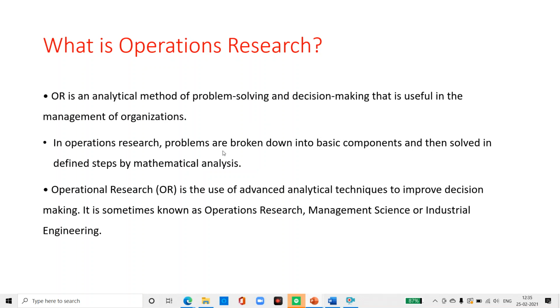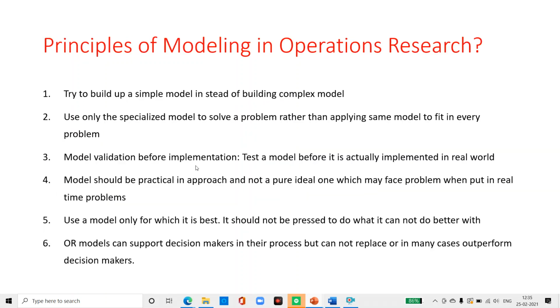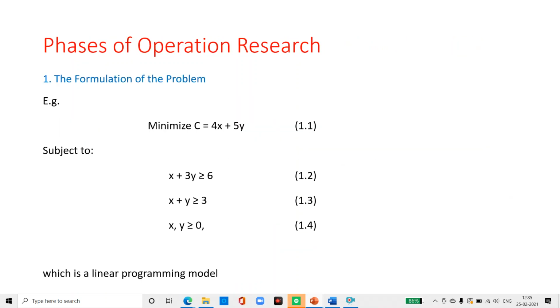In operations research, problems are broken down into basic components and then solved in defined steps by mathematical analysis. So here we have one mathematical equation, minimize c equal to 4x plus 5y subject to.